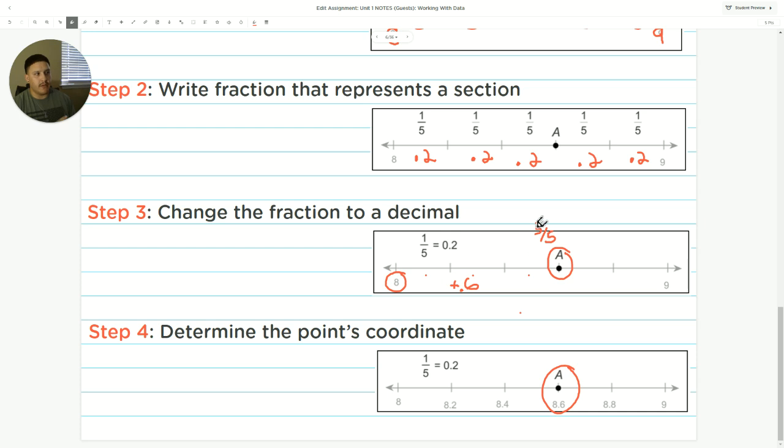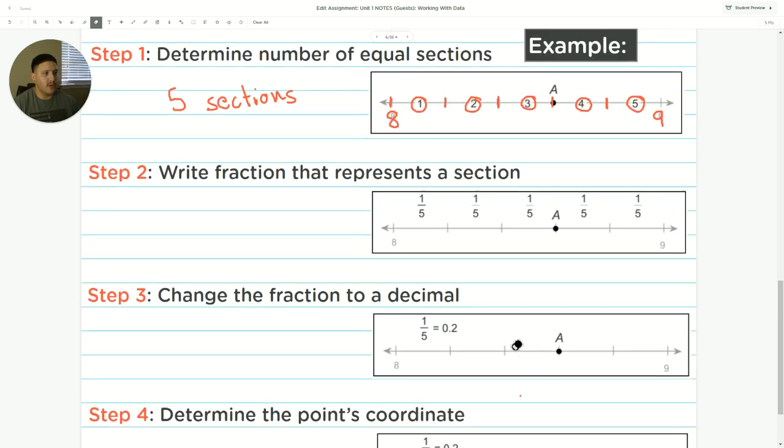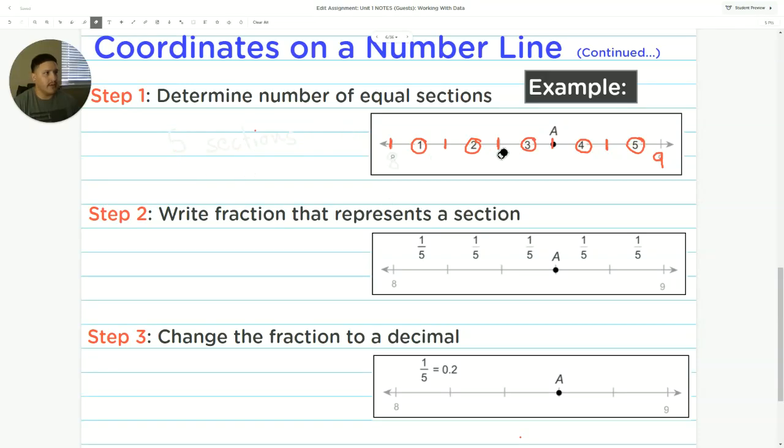If you keep it in its fraction form, add up the parts, divide the fraction, and then attach it to the 8, 8.6 is what we have for this example. Okay, and that's how to interpret these number lines to find the exact location of a certain point.